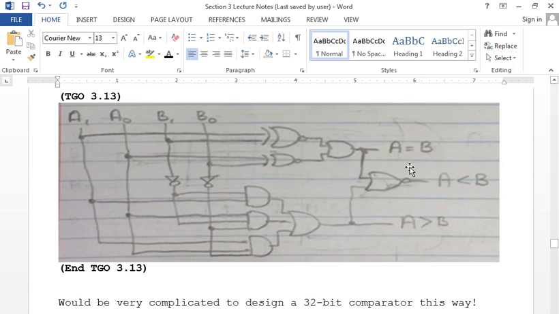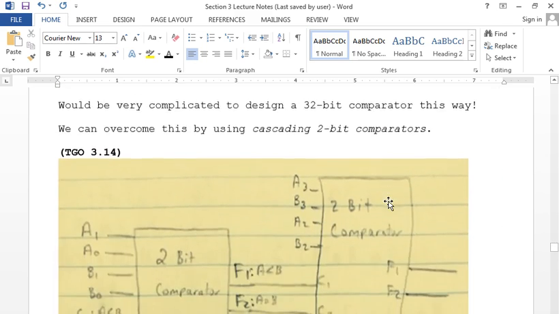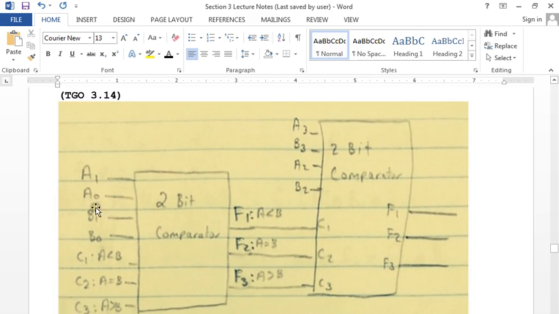If it's not A equals B or A greater than B, it must be A less than B. This is a little design method we've used to reduce the area of the 2-bit comparator. Now, in order to do subsequent comparators, you have A1 and A0, B1 and B0. You can start out with these bits right here, which carry A less than B, A equals B, A greater than B.